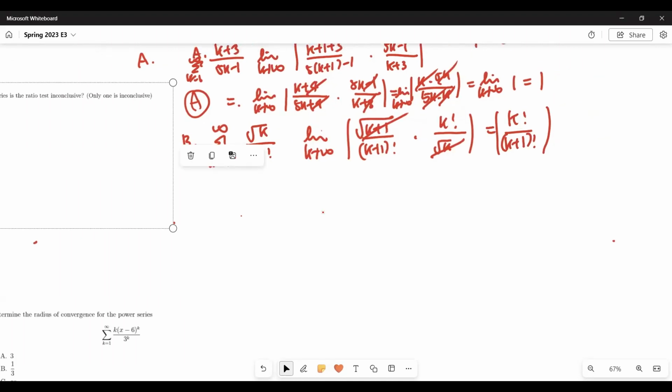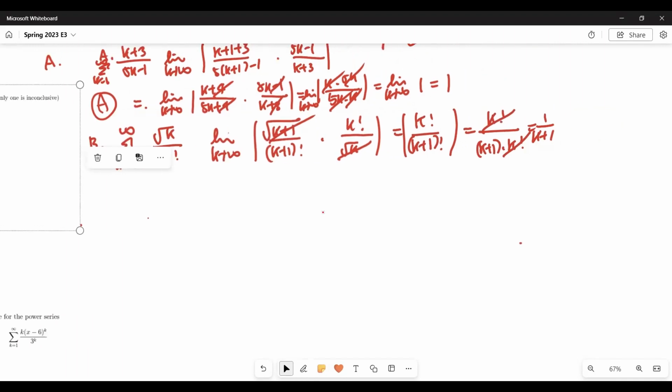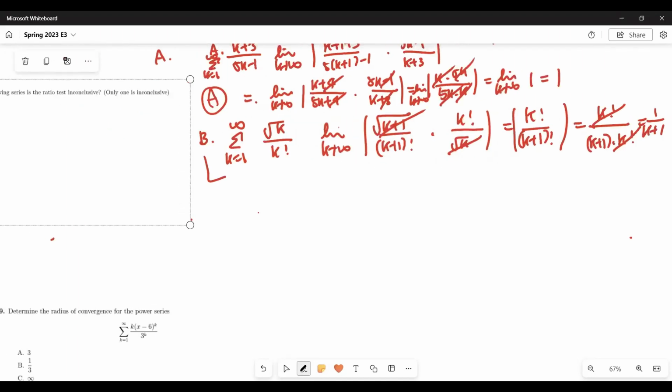Which is why we are left with k factorial and k plus 1 factorial. This is k factorial over k plus 1 times k factorial, which cancels out, leaving 1 over k plus 1. As k goes to infinity, this is 1 over infinity, which is 0, less than 1, so it's converging. So B converges.